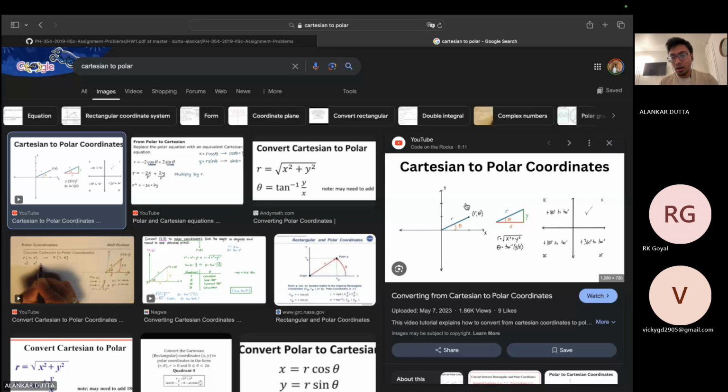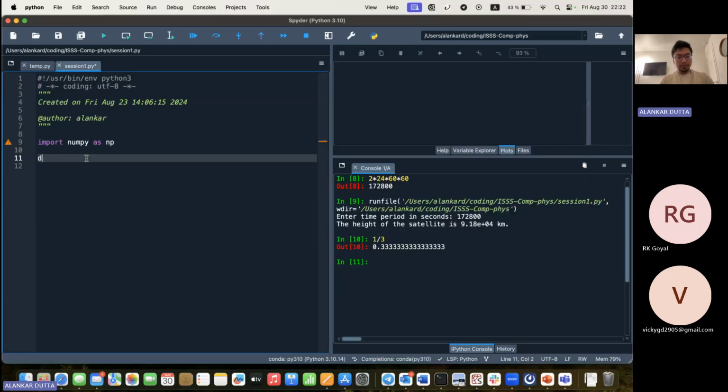Okay. So now we'll again start a function, def to_polar, that's what we will call it. And we will take x, which is a float, and y, which is also a float.